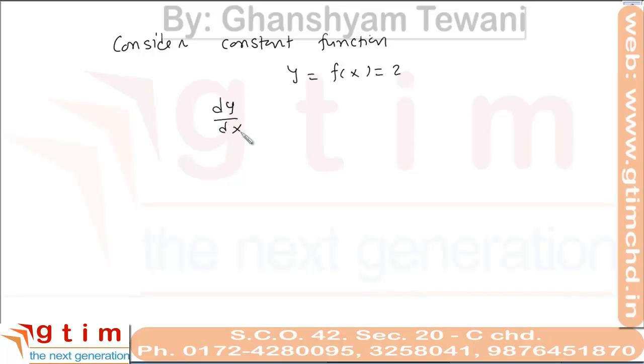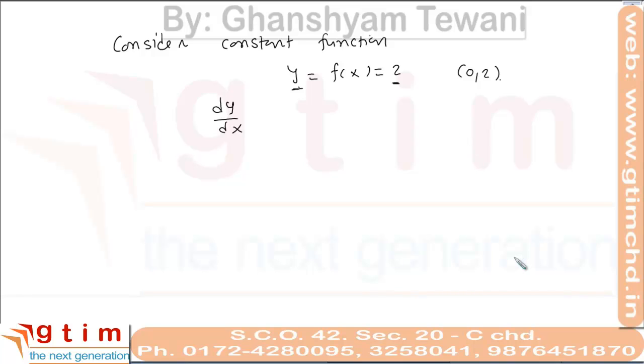Okay, consider one constant function f(x) is equal to 2. Now let's find dy by dx for this function. Now we know that the graph of y is equal to 2 is a straight line parallel to the x-axis passing through the point (0, 2).